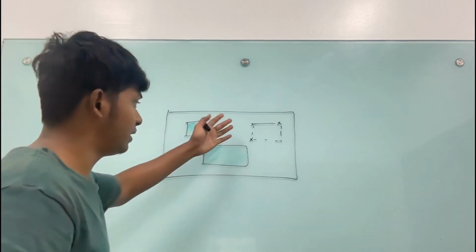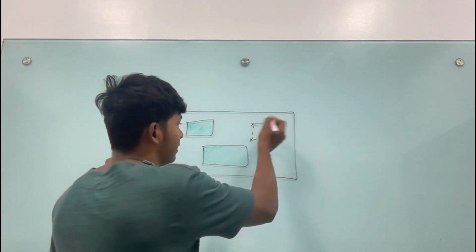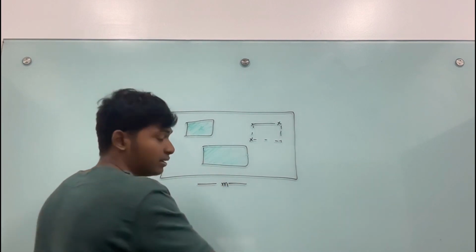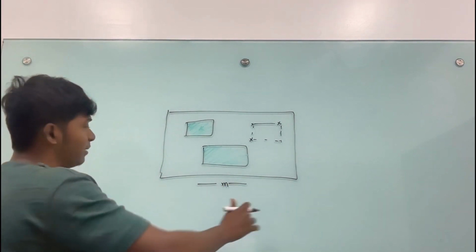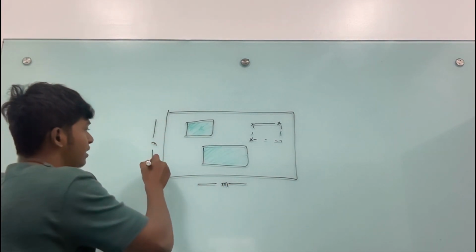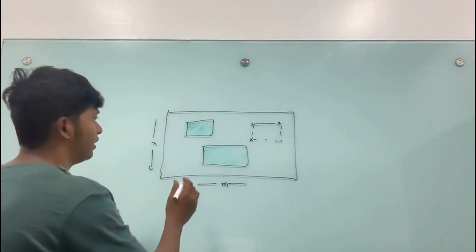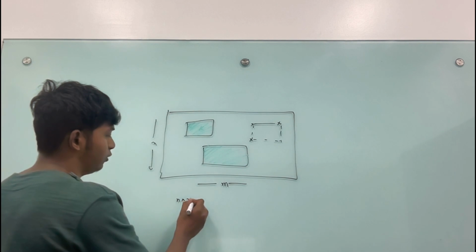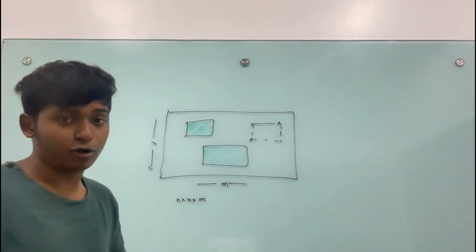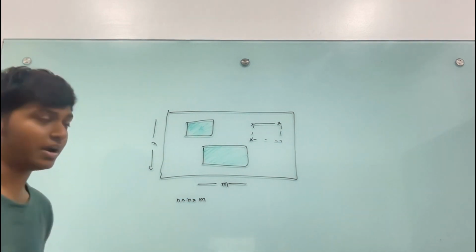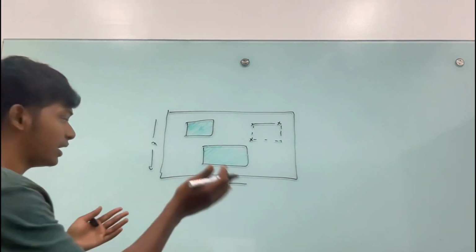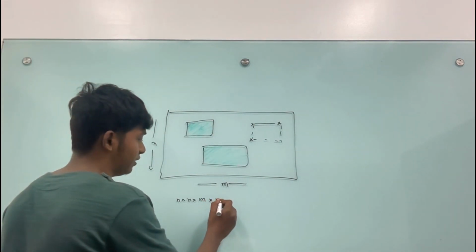Let's say the width is m and the length is n. In that case, the time complexity would be around n into m, and then we also have to find the sum of the submatrix, which in the worst case can again be n into m.